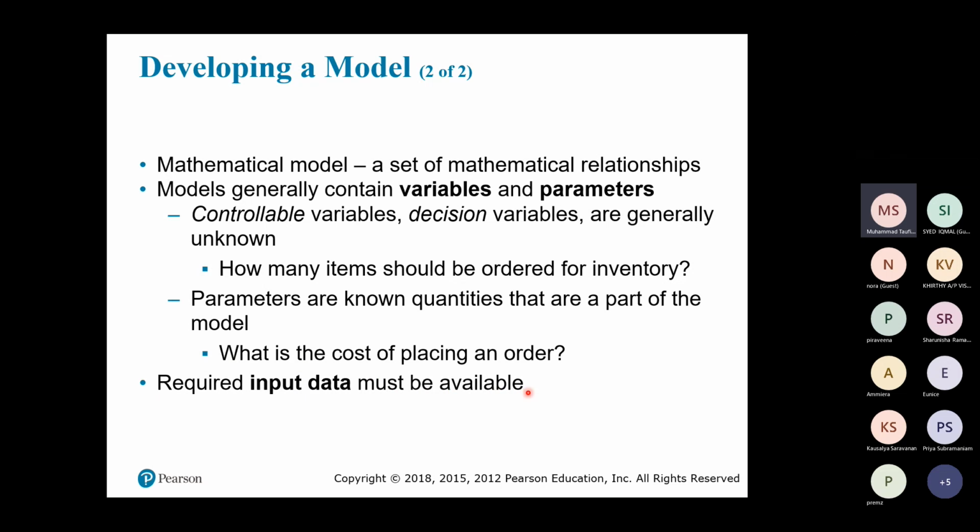To solve the model, we need to gather the data and use it to run the model. From the data we can get the value of the decision variable. The output of the mathematical model is the value of the decision variable.